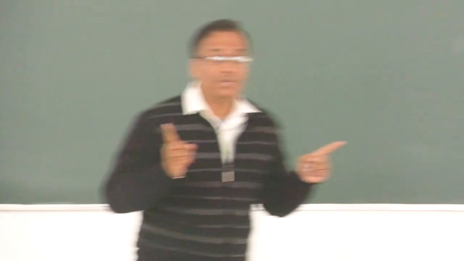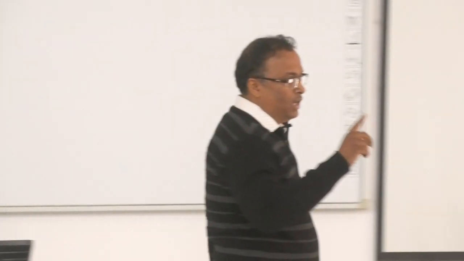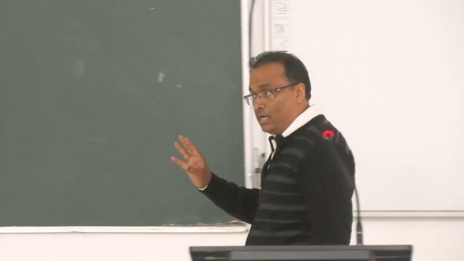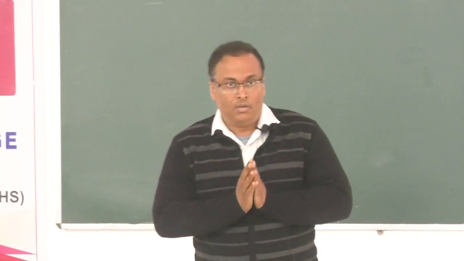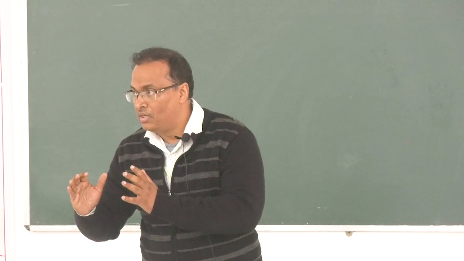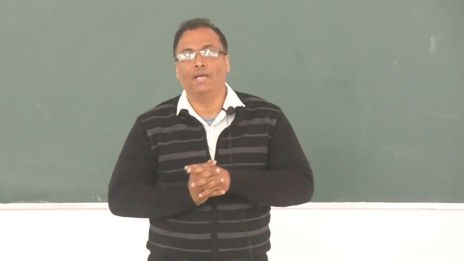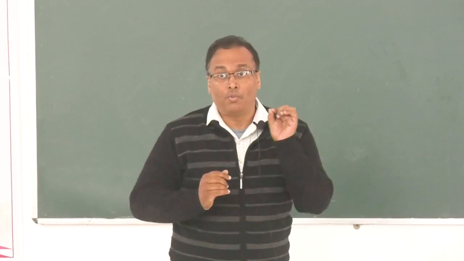What was the name I mentioned? HIF, that means hypoxia inducible factor 1 alpha and 1 beta. If those two are combined, then only erythropoietin will be synthesized, because then only they can enter the nucleus and attach to a hormone responsive element.